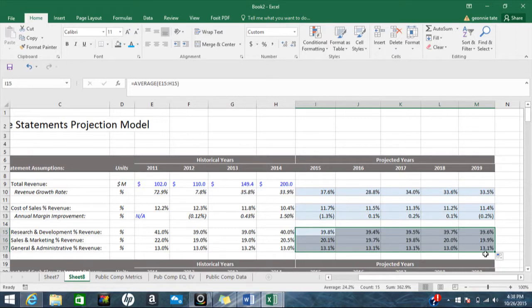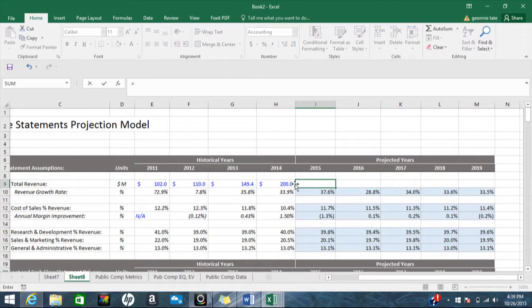Now that we have all of these metrics here, we can go down and start filling out the income statement. So this is just a simple growth rate formula that I put here. For the revenue, it's the previous amount times 1 plus the growth rate. I'm going to copy that formula over also.